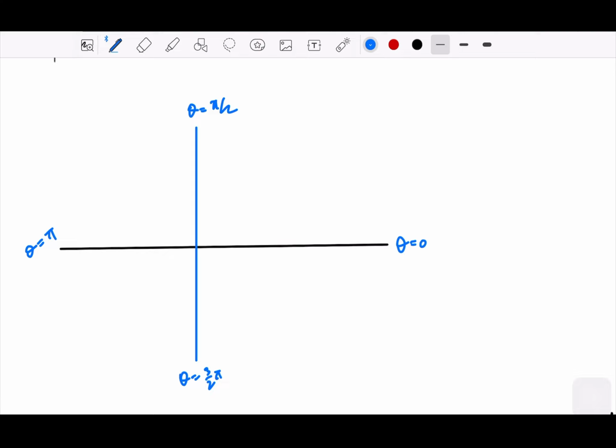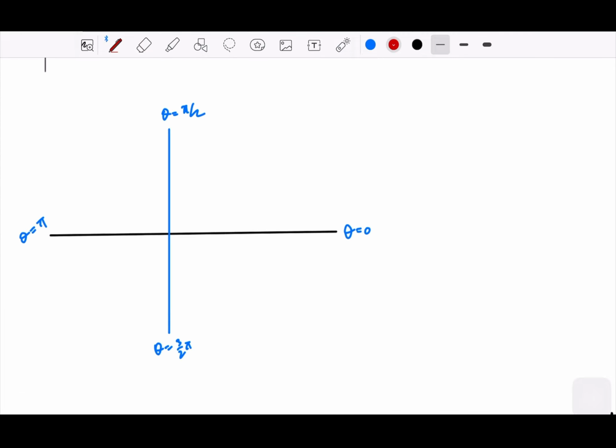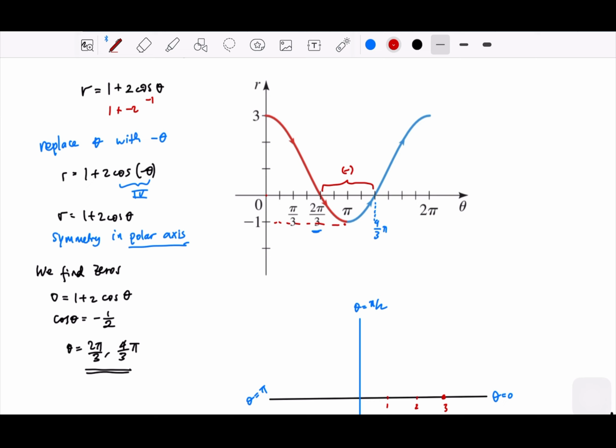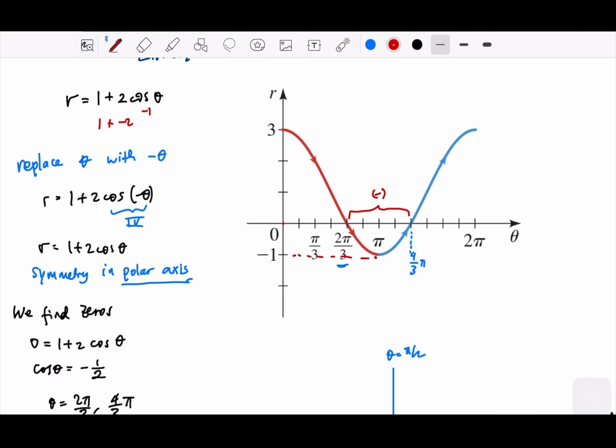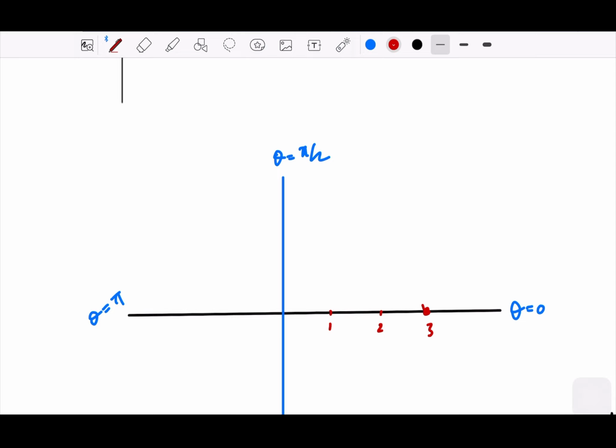The first step is taking theta equals 0. Let's say this is 1, this is 2, this is 3. With theta equals pi/2, cosine is 0, so r is 1. So we have something like that.